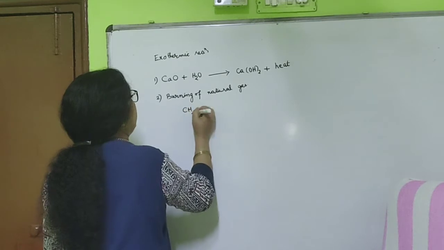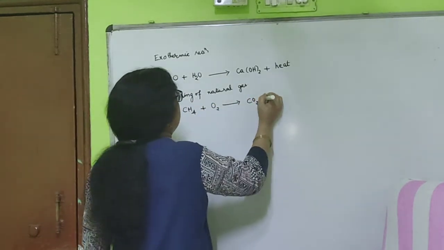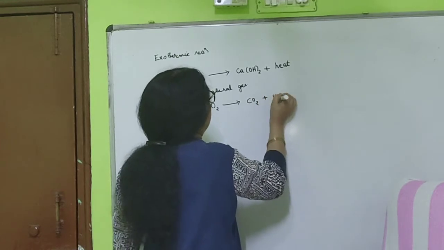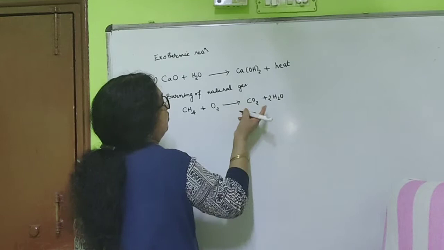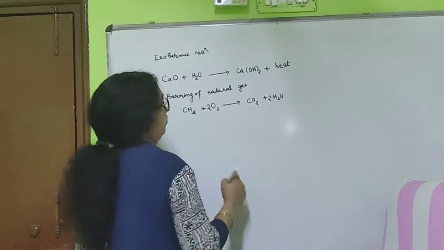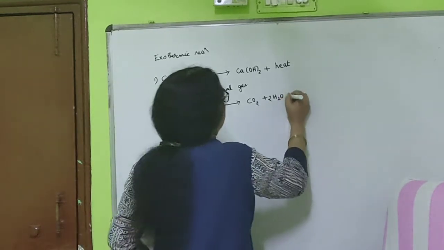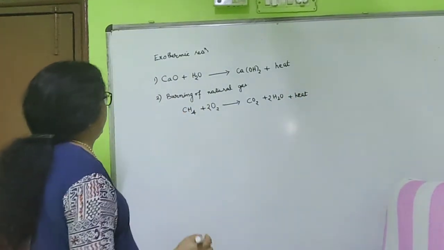Methane, CH4. That reacts with oxygen, produces carbon dioxide and water. So CH4, 2H2O. So now total 4 oxygen, so 2O2. Plus heat is produced here also. So that is also an example of an exothermic reaction.